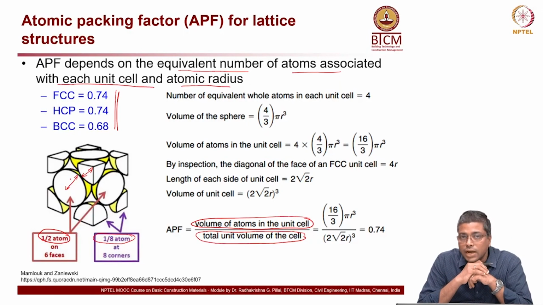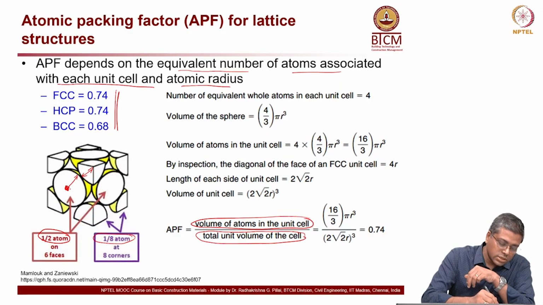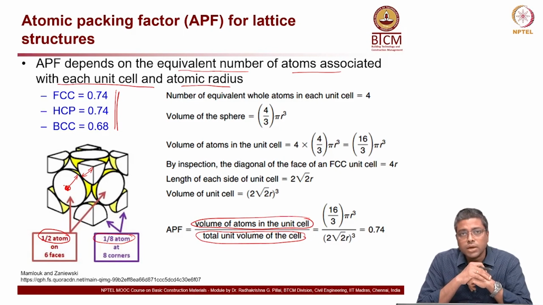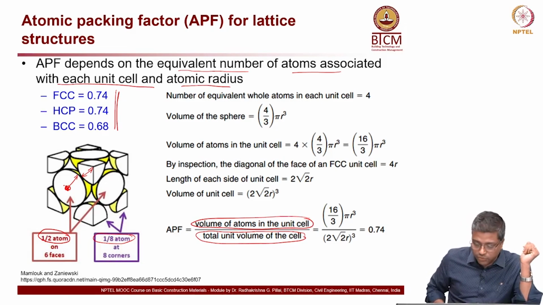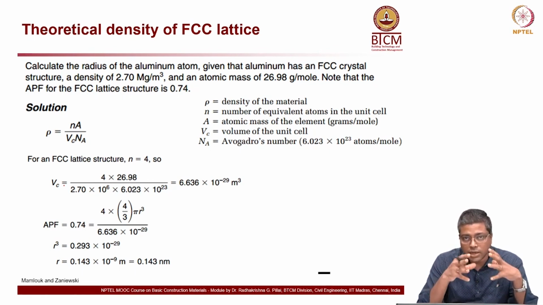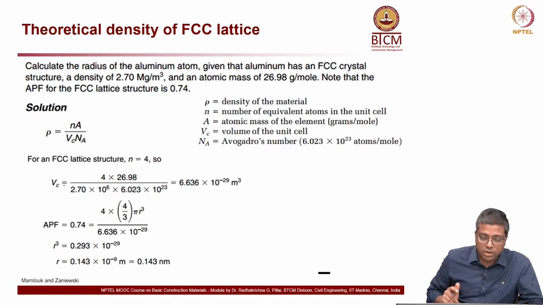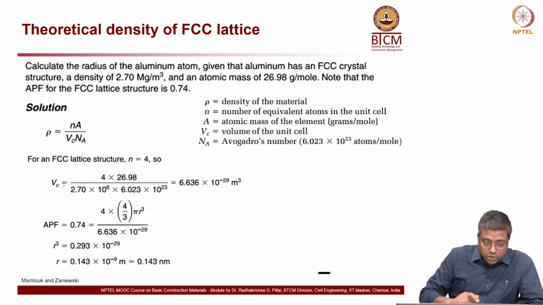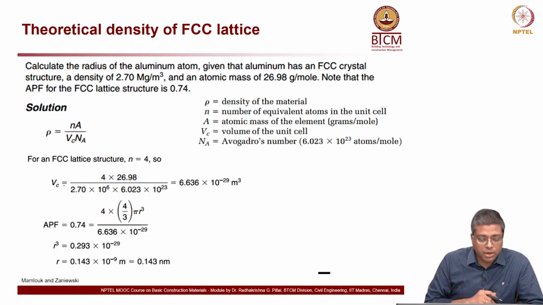So, if you know the radius of both these, then you can calculate this atomic packing factor, and density, etc., can be related to the atomic packing factor. So, you can pause for a minute and go through these calculations, and then understand it better. And if you have any doubts, we can definitely talk about this in the review session.